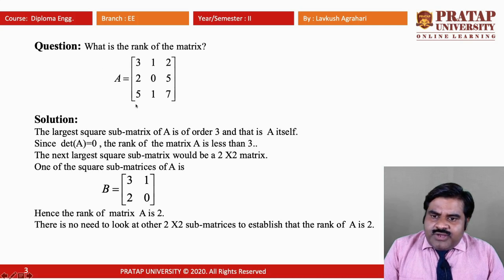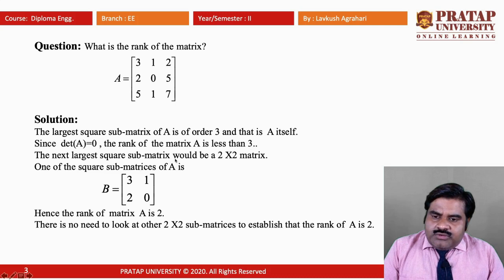We have to find the rank of this matrix. If we calculate the determinant of the largest square matrix, 3 cross 3, we find that the determinant of this matrix is 0. So we can say that the rank of this matrix cannot be 3, it may be less than 3.